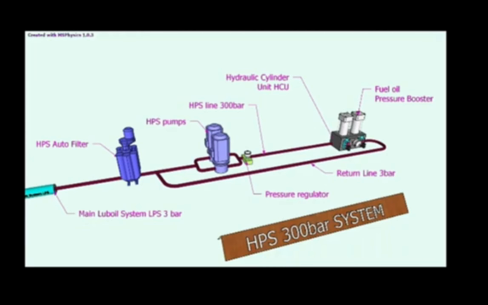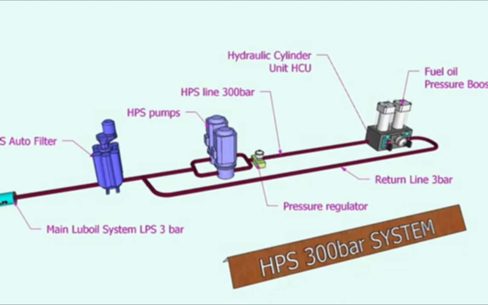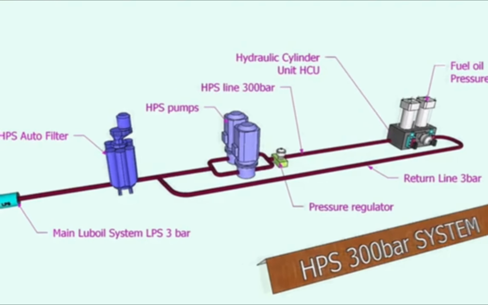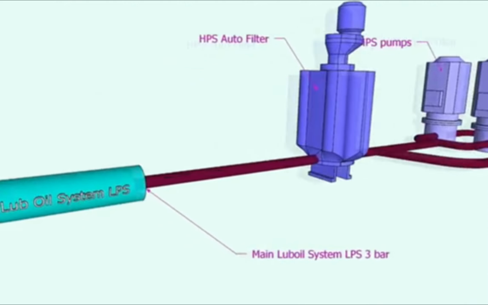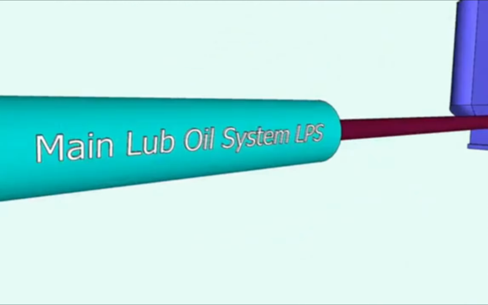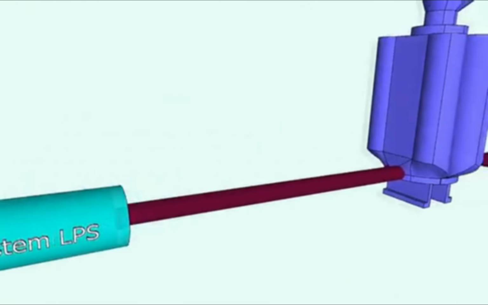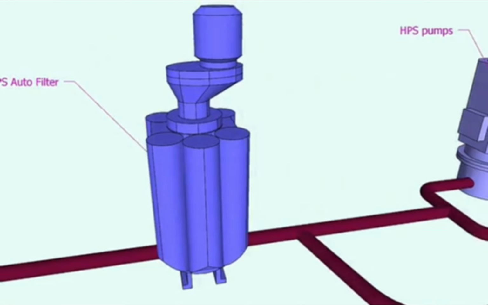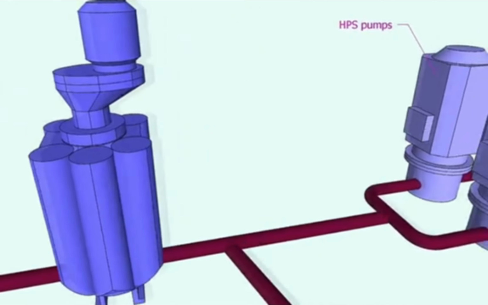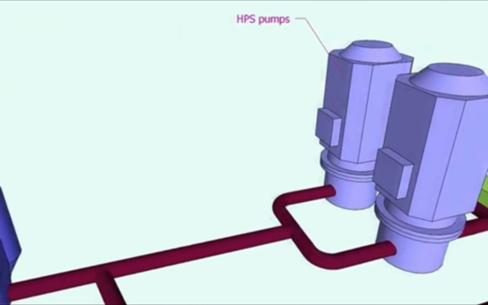This oil is further fine filtered by the auto filter unit, and then pressurized by two electrically driven pumps to 300 bar. An accumulator block is also used to get a stable oil supply to the hydraulic control units where the fuel injection pumps are fitted, and this is the setup.